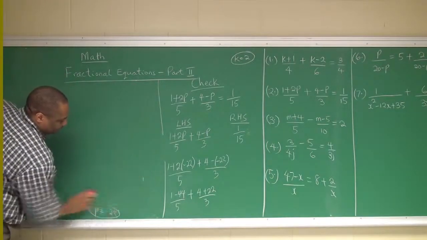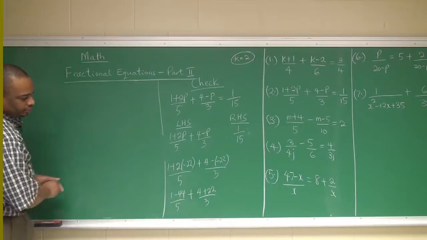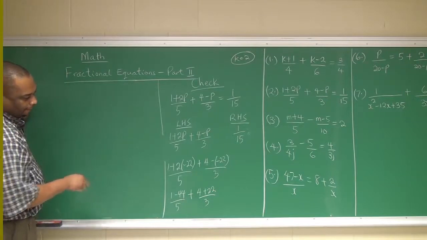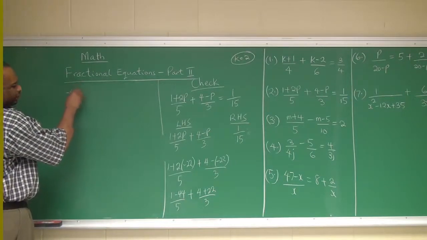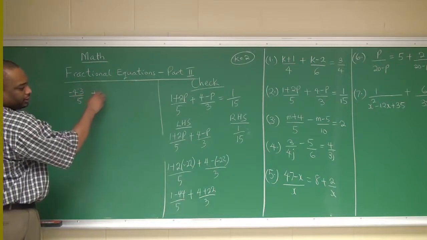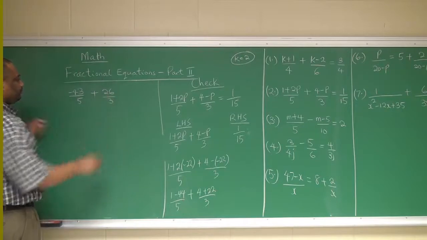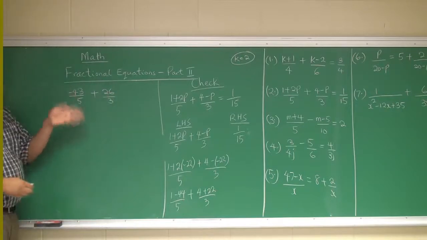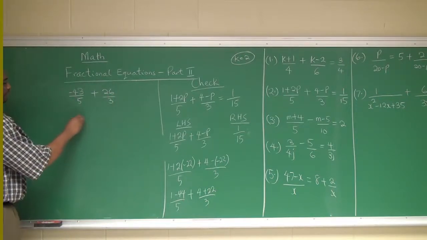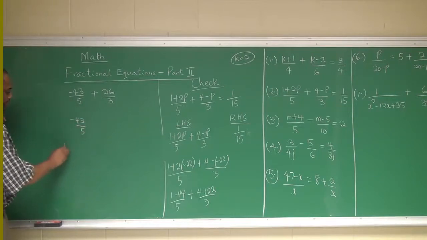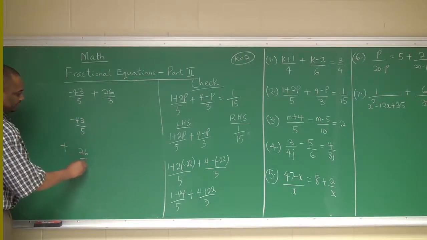So if we do that, fraction, we have negative 43 over 5 plus 26 over 3. Okay, let's do this fraction. We have negative 43 over 5, then plus 26 over 3.